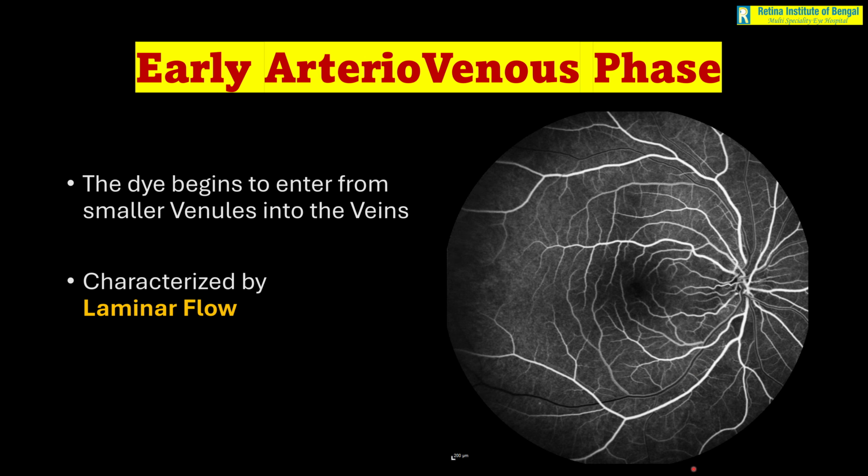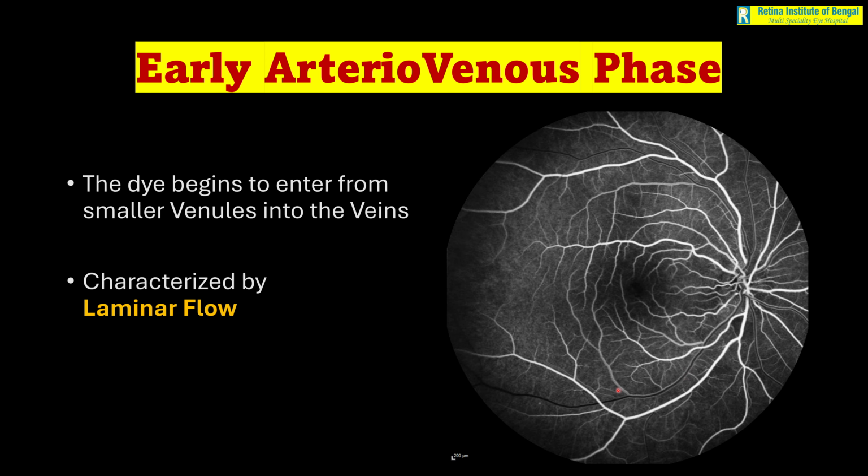So this is the early arteriovenous phase, and it is characterized by so-called laminar flow. So laminar flow is this. You can see that the vein is not filling up completely at one go. There are two thin white streams along the borders of the vein with the central lumen being dark.